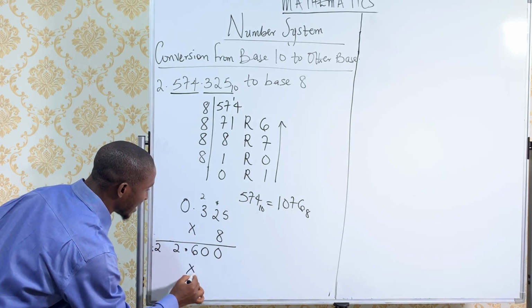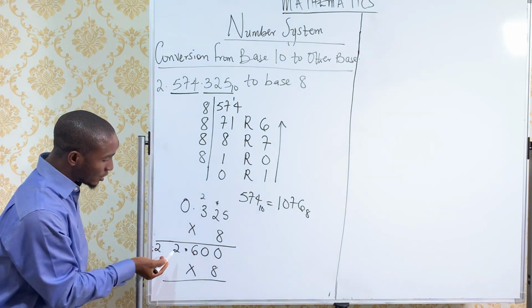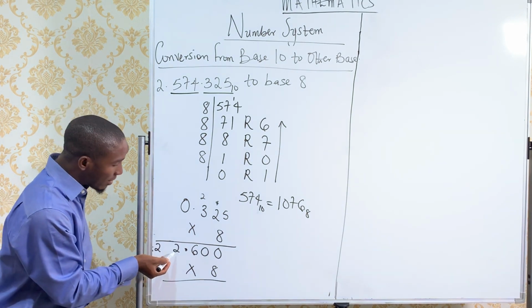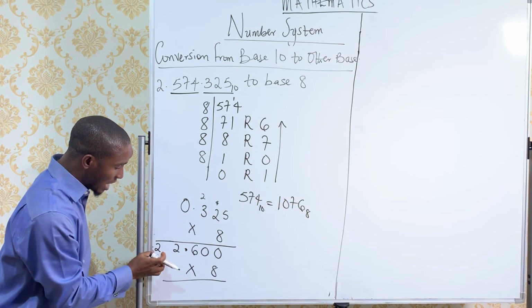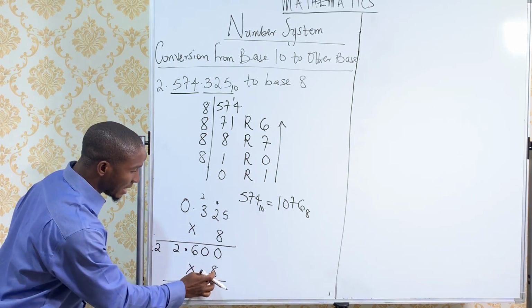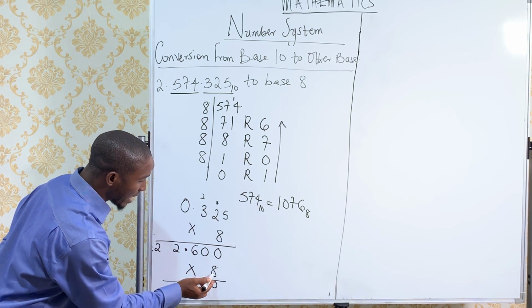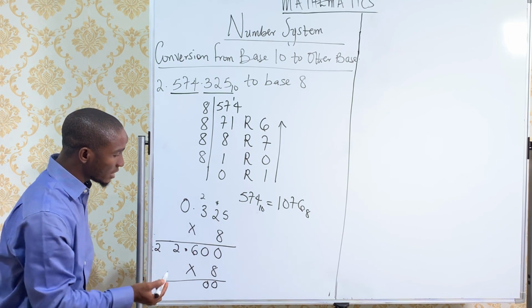We multiply this part again with 8. We assume that this 2 is already out, so we treat this 2 like 0 this time around. This 2 has been picked out, so we assume it's 0. Now we multiply again. 8 times 0 is 0, 8 times 0 is 0, 8 times 6 will give us 48.